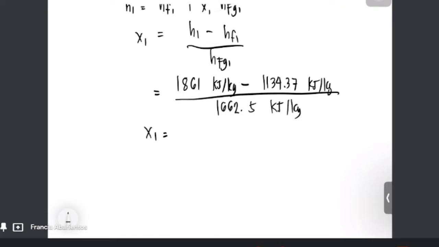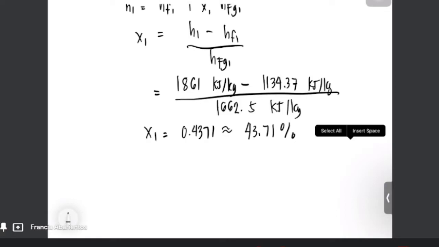Yung iba class. Ayan. Sige. So we have now 0.4371. So approximately 43.71%. Thank you, class. Okay, so we have now the quality at point 1.